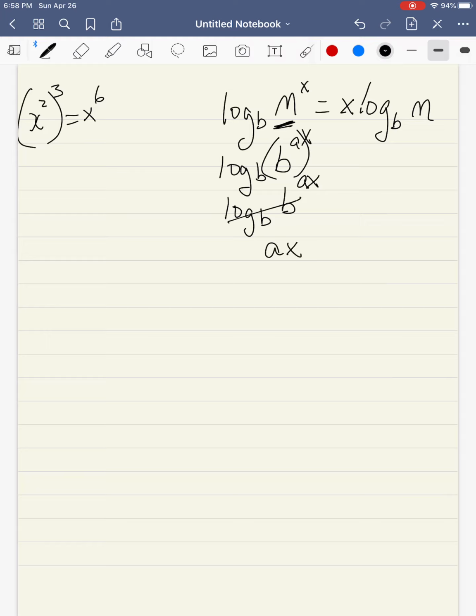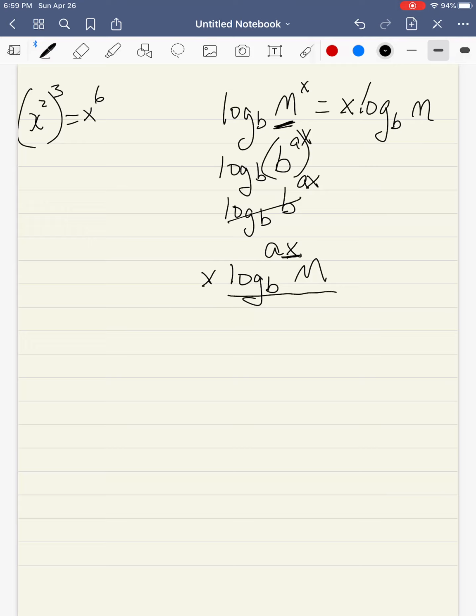And A, remember, was log base B of M, and then it's multiplied times x. We don't just put the x over here on the right-hand side because we're not taking the log base B of M times x. We're multiplying the x times the log base B of M. If you write the x over here on the right-hand side, it means you're actually taking the log of M times x, and that's not what we're doing.